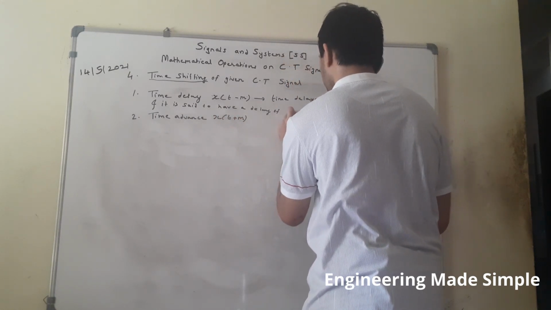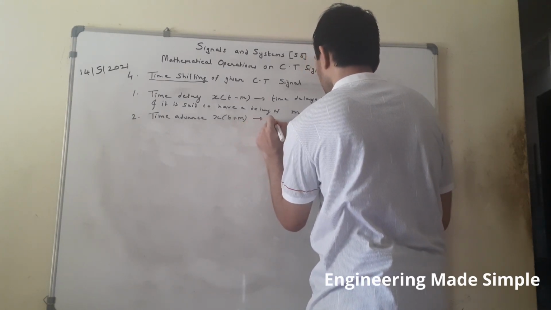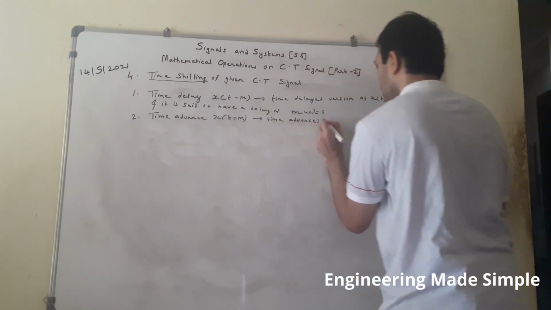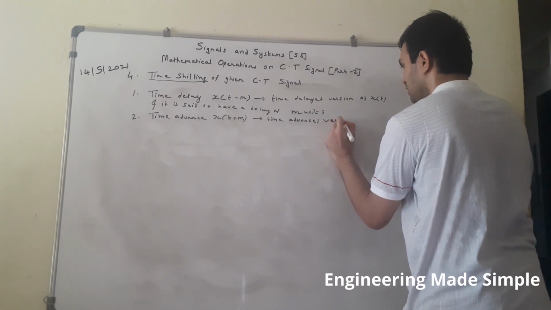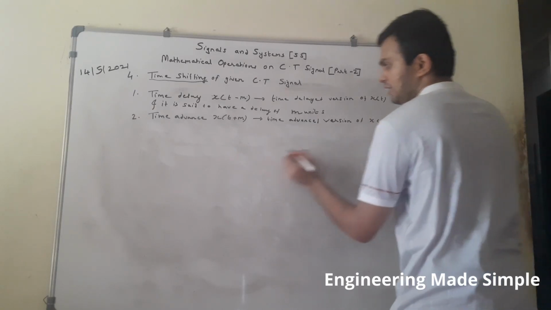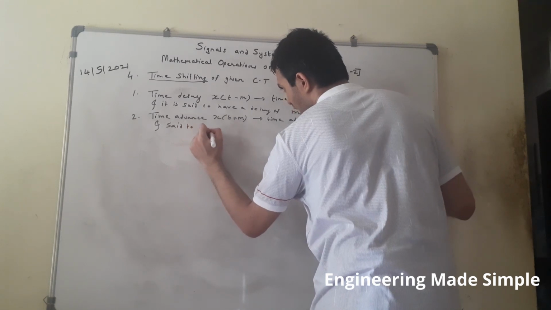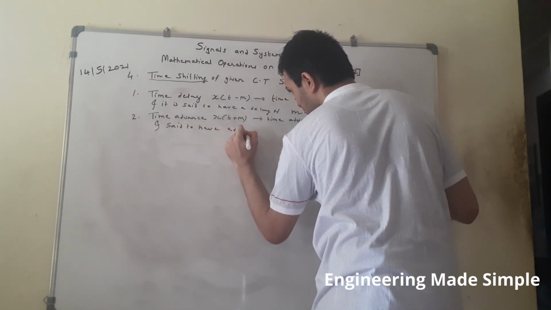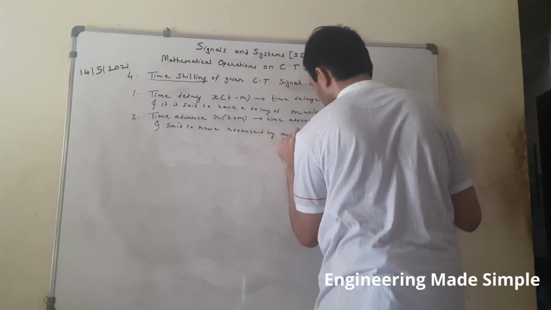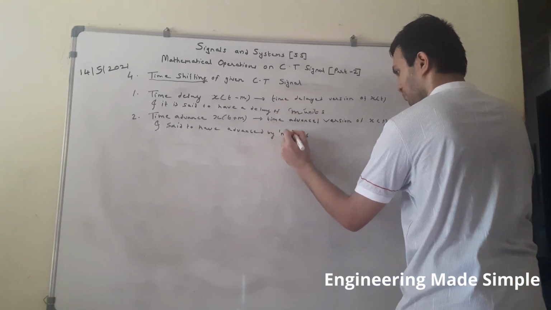This is the time advance version of the given signal x of t, and it is said to be advanced by m units. In the delay case also it was m units; by mistake I wrote 2 there.